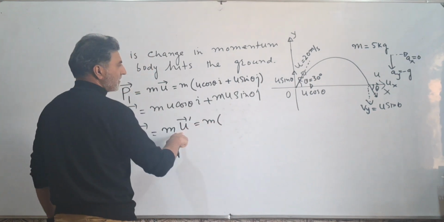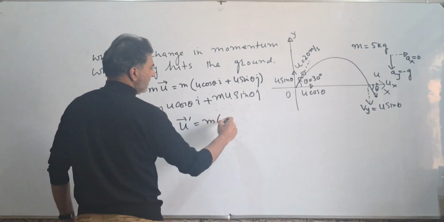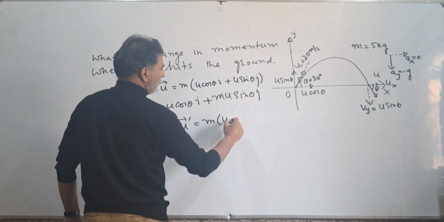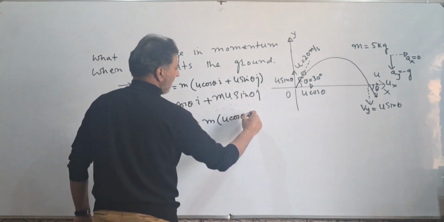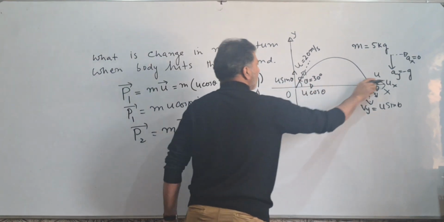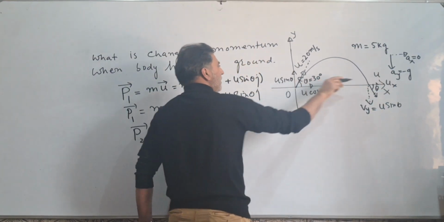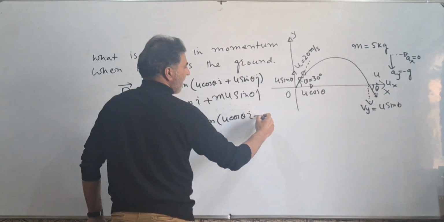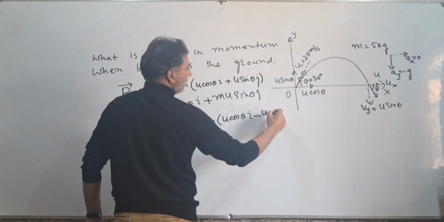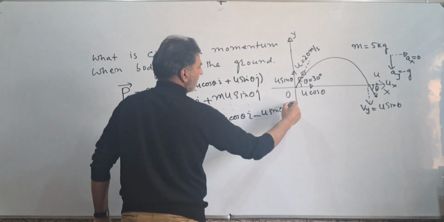What is u vector dash? That is u cos theta i, the same as this forward velocity, because this velocity will not change, minus u sin theta j.